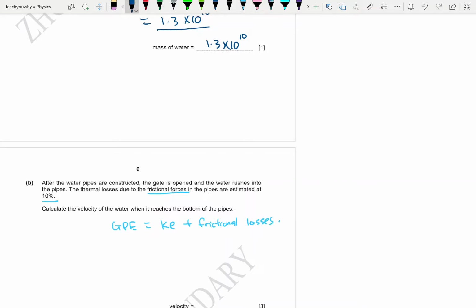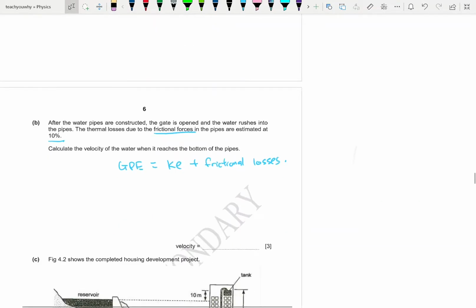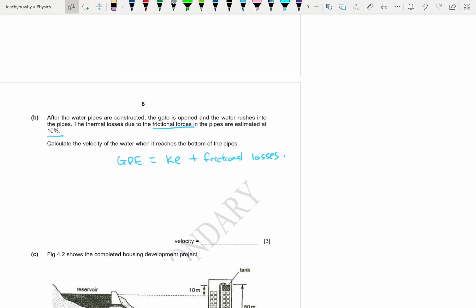So how much is this? So how do we calculate this? But first of all, what do we want? We want the velocity. So we only want KE.